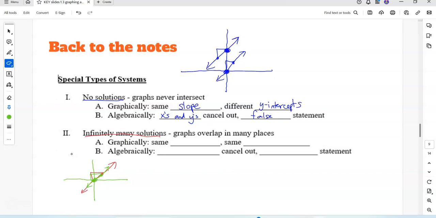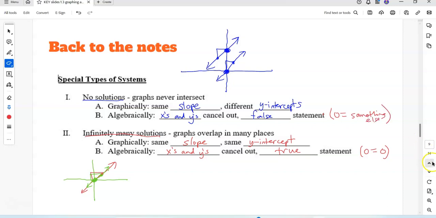You can see they have the same slope and the same y-intercept. So same slope, same y-intercept. Algebraically, once again, the x's and the y's cancel out, but you have a true statement. So like 0 equals 0, or 5 equals 5, but it's probably most likely going to be 0 equals 0. And like on the false statement, you'd have 0 equals something else. Okay.